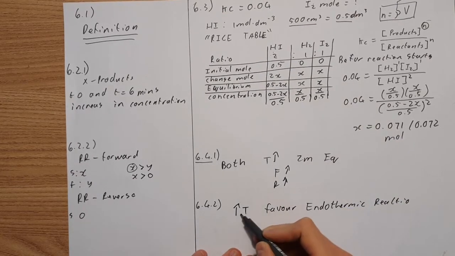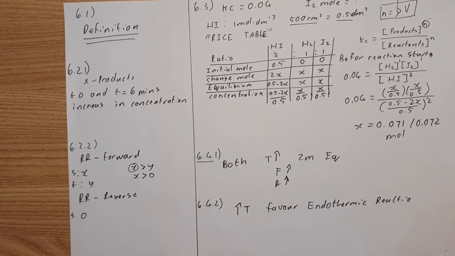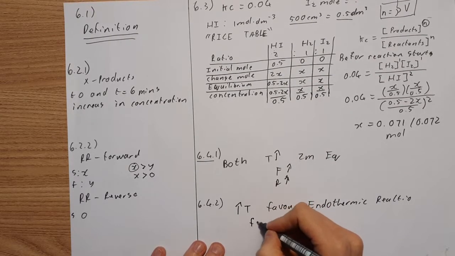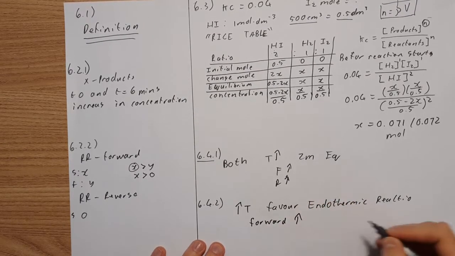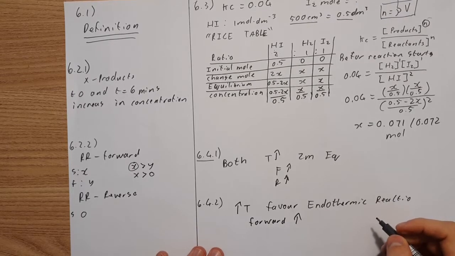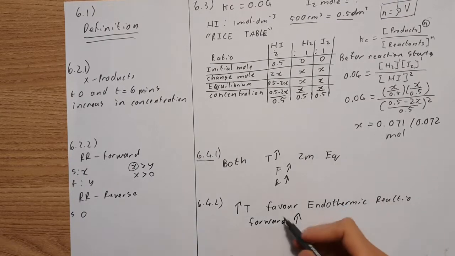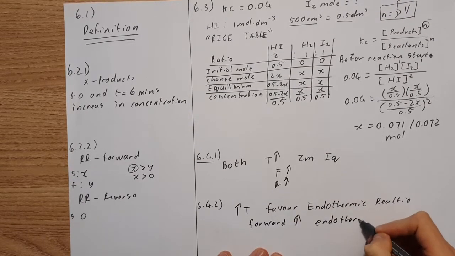Why? Because by increasing temperature, we've increased energy into the system. Okay, now looking at this, since the forward reaction increased, this means that the forward reaction needs to be endothermic.